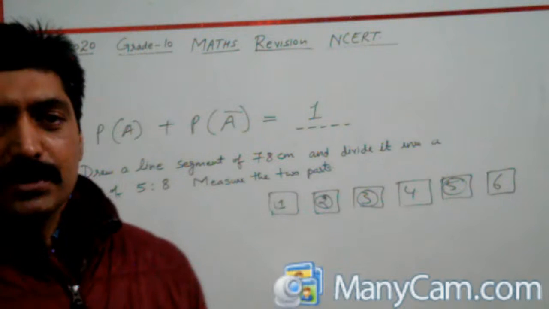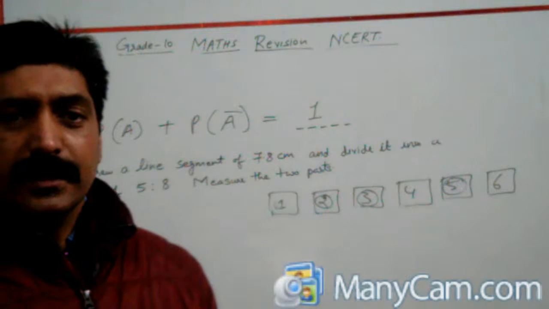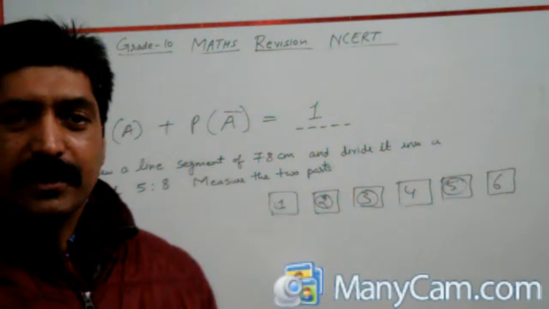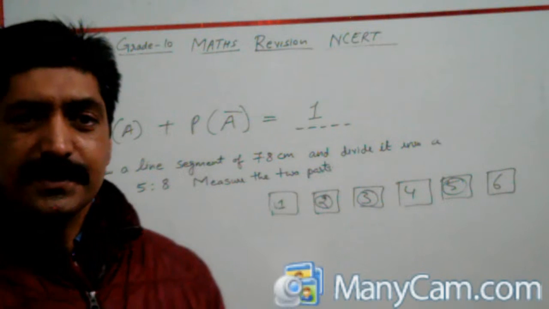In simple words, किसी घटना के घटने की संभावना, उसके घटने की और उसके ना घटने की, is always 1.